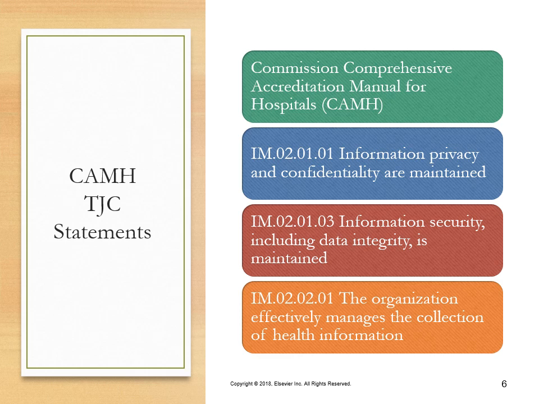The first one is information privacy and confidentiality must be maintained, and that's a part of HIPAA as well. Information has to be secure, including data integrity has to be maintained, and accurate. The hospital has to effectively manage the collection of health information.